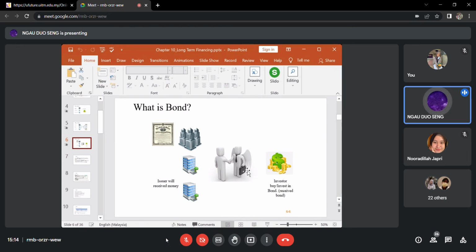Sebab pelabur dia pun pandai, kalau you tak bagi interest atau return pulangan, so pelabur tidak akan beli. So syarikat kena bagi pulangan lah, atau return, atau kita panggil dia interest kepada pelabur supaya pelabur beli.